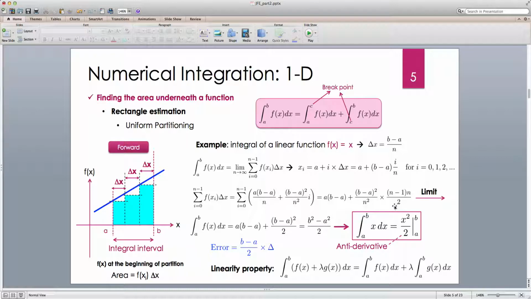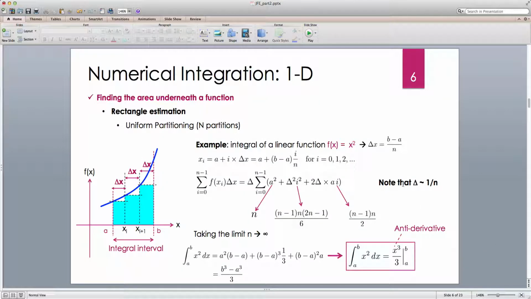So this was one example where we were able to find the antiderivative of x, which is x squared over 2. Now similarly, we can use the rectangle approximation and uniform partitioning to, for example, find the integral of x squared. Again, the same thing, xi is a plus i delta x.